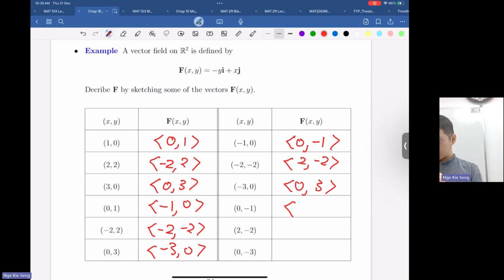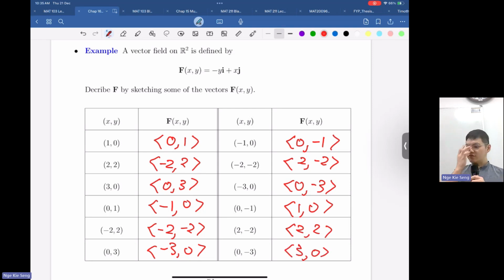Let me check the previous one. Should it be 0, minus 3? Yeah, okay, 0, minus 3. Okay, next. 0, 2, 2, and 3, 0.